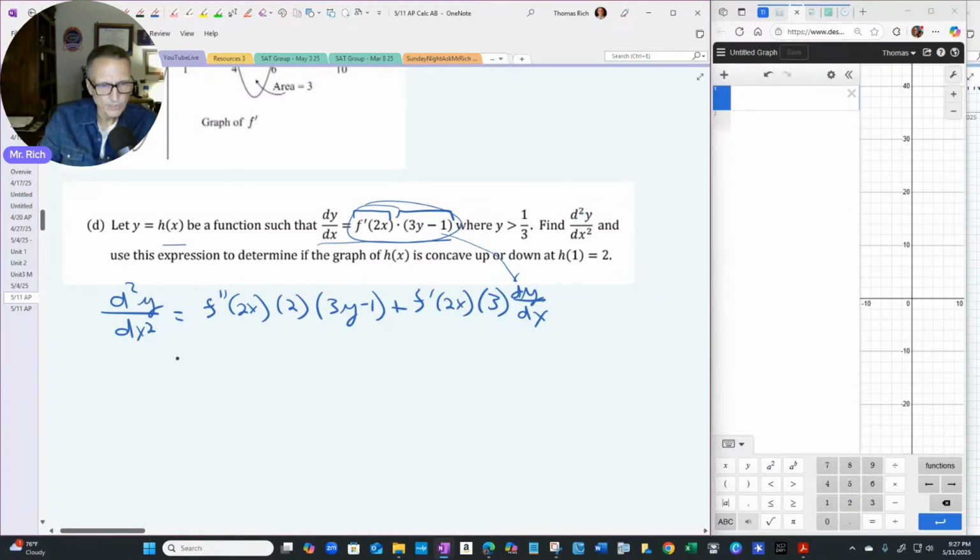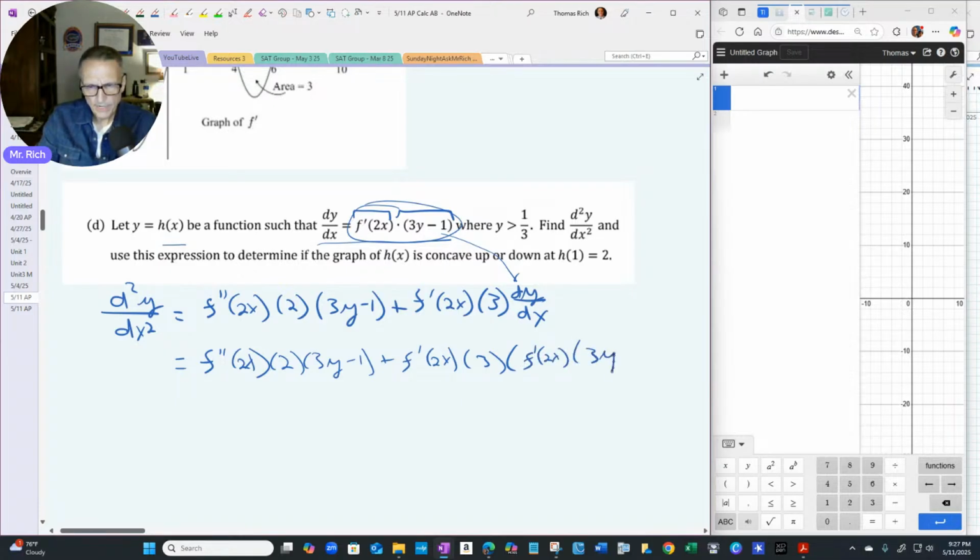So I am going to rewrite this times 2, 3y minus 1, and then I am going to say f prime of 2x times 3, and then we will put in again f prime of 2x times 3y minus 1. So we're going to go ahead and substitute in the dy dx here for a full expression.